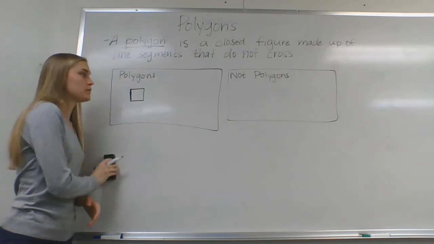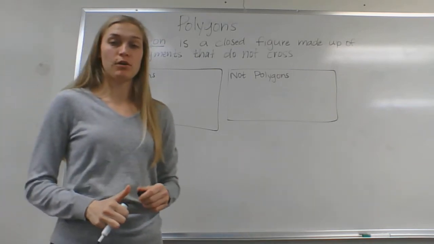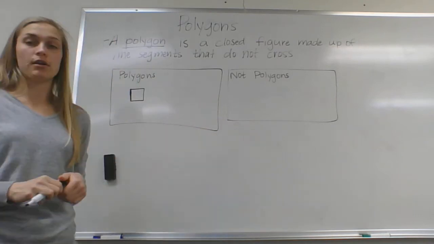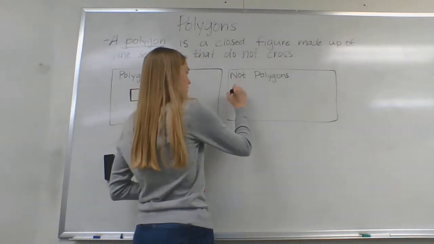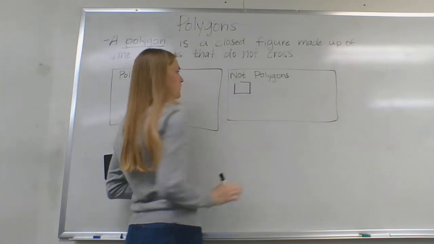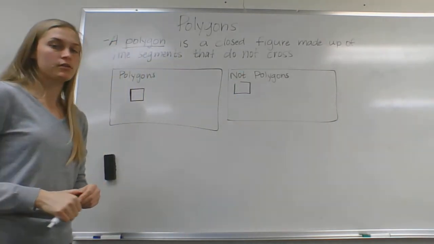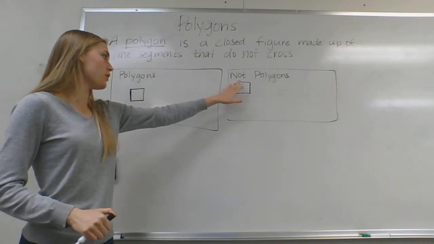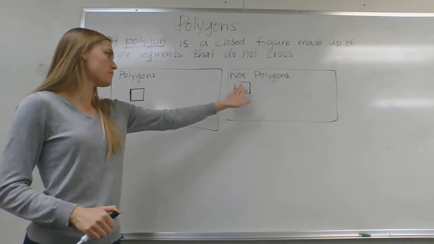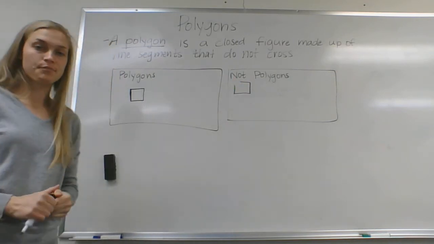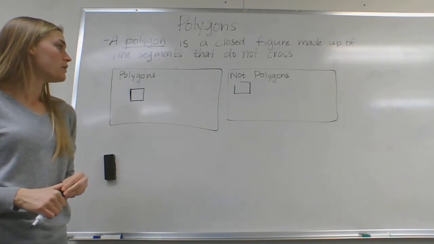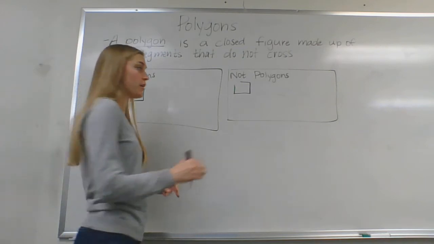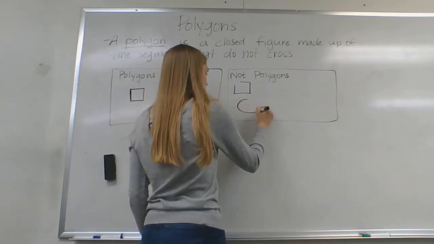All right. So an example of a non-polygon that is open, it's not closed, would be something like this. That is not a polygon, because this corner right here is just open. Right? So that's not a polygon. Another example of one that's not a polygon is like an oval or a circle.